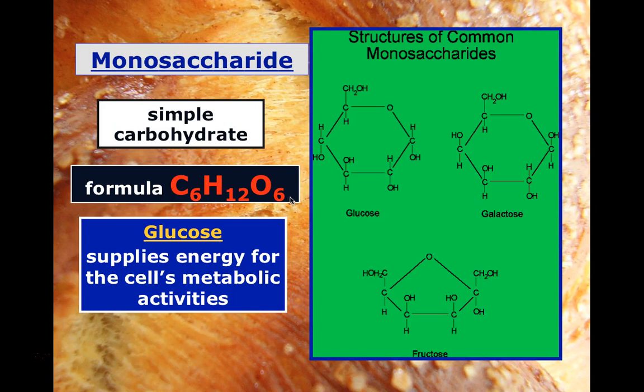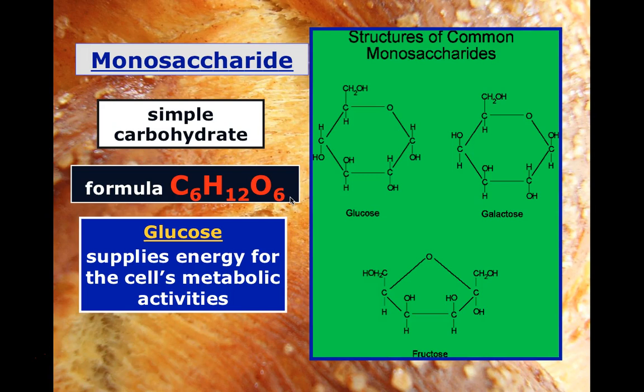And the term that we've been using so far in class that should be familiar to you now is monomer. I told you in class that the term monomer is a very general term that we can use for all the macromolecules. But each macromolecule has its own monomer, and monosaccharides are the monomer for carbohydrates. When you have different monosaccharides coming together to form larger, more complex carbohydrates, that's what monomers are. They're the building blocks to form polymers.